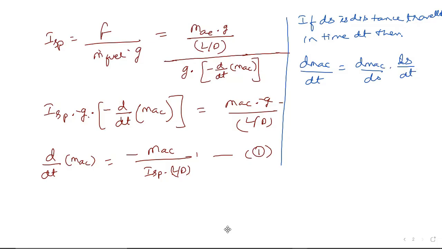It's basic mathematics. From here, ds by dt is basically speed, so u into d MAC by ds. This is d MAC by dt. So in place of d MAC by dt, we can write this.